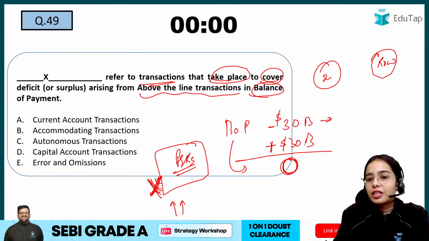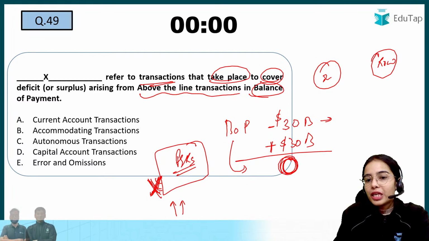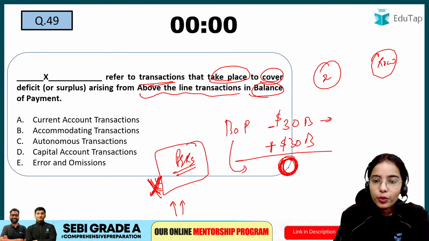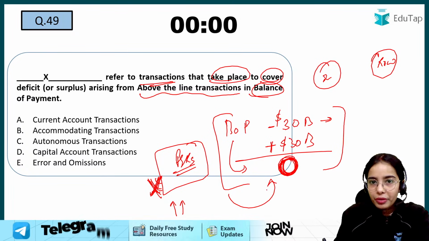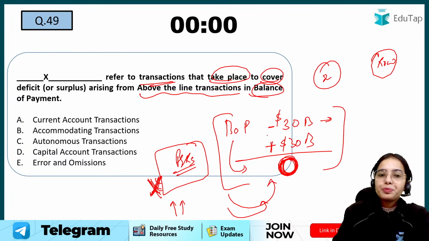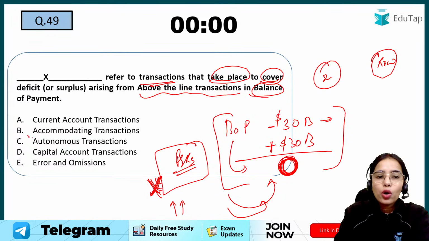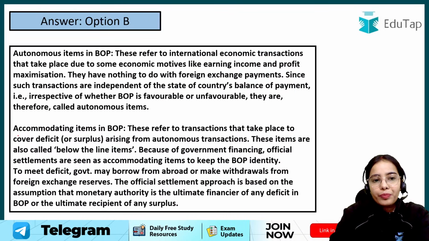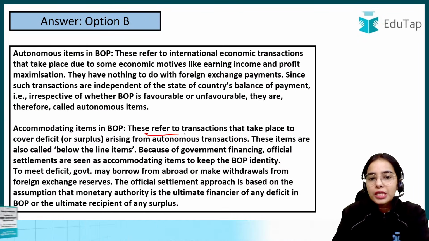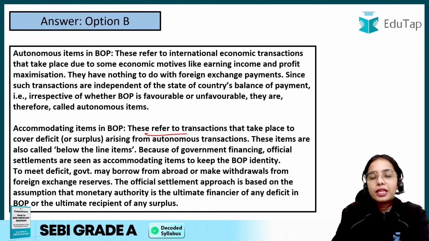So we will take the money from the IMF or World Bank to make the overall balance of payment balanced out, okay. So these kinds of transactions that happen to cover the deficit or the surplus in balance of payment are called accommodating transactions or below the line transactions, okay. So this is the idea. Accommodating transactions are such transactions that cover the surplus or deficit in balance of payment.